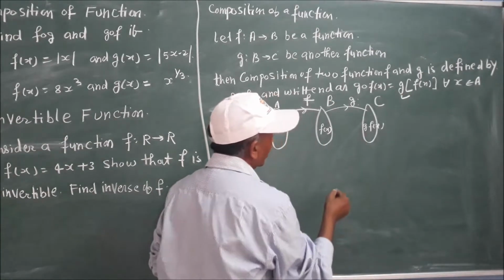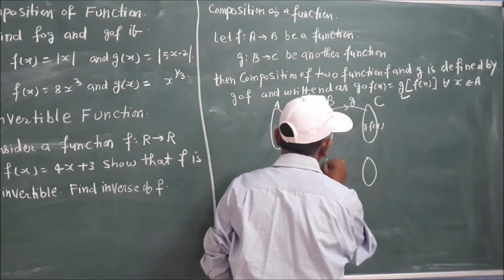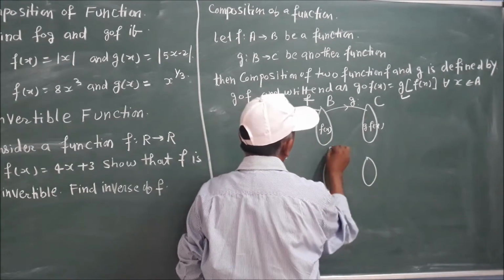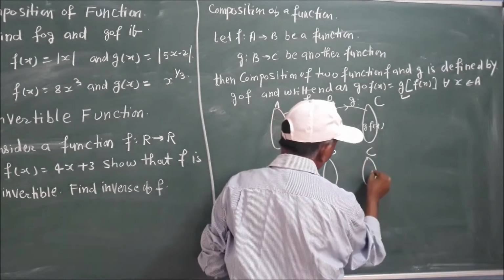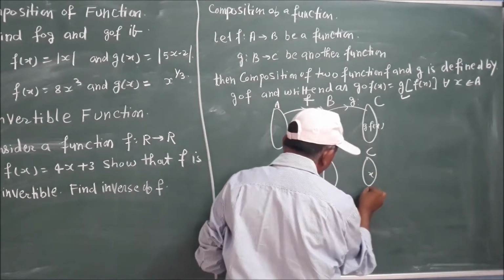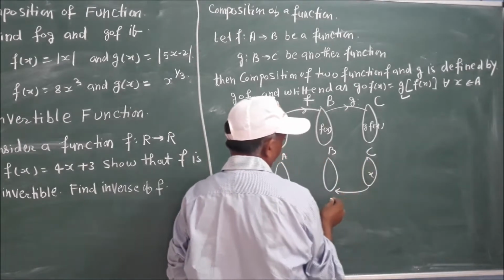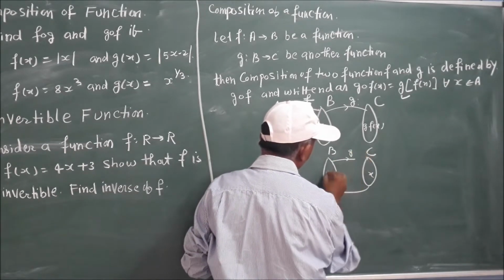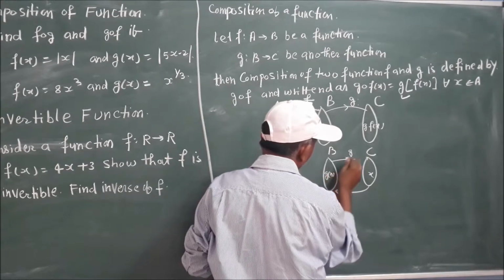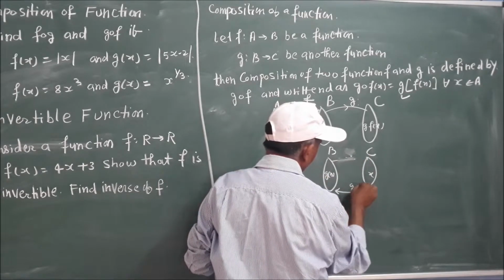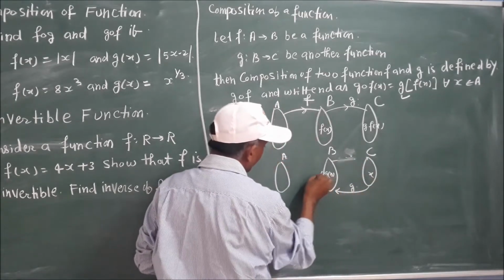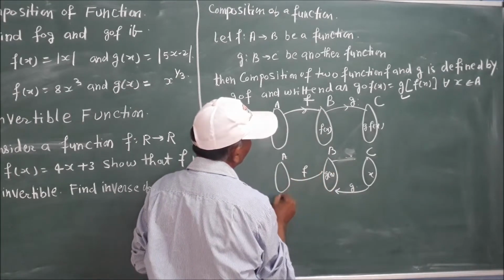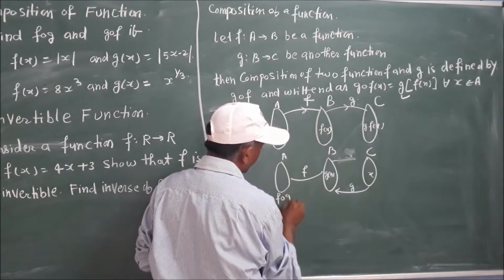Similarly, if we want to go in reverse, here is your set C, here is set B, and here is set A. Since this function is g, we get g(x), and then with function f we get f of g(x).